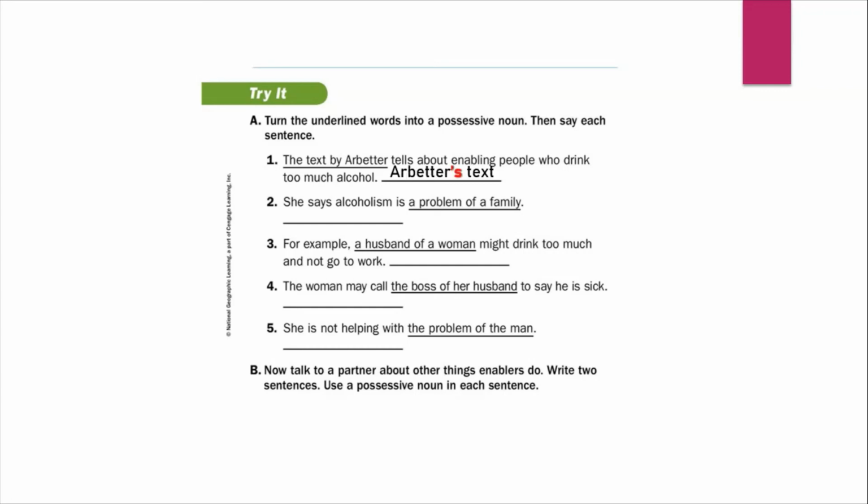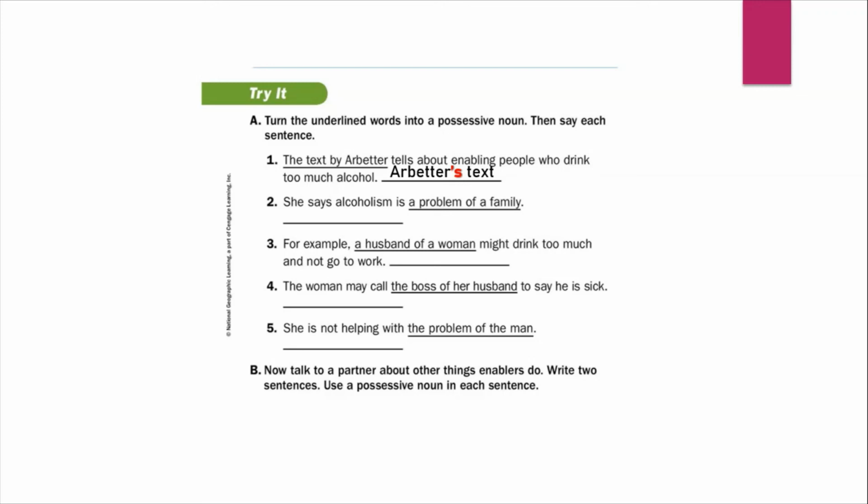So, it should be Arbiter's text, right? Okay, so let's go ahead and look at the next one. She says alcoholism is a problem of a family. So who owns what? Okay, so the family owns the problem, right? So family's problem, right? Okay, very good.